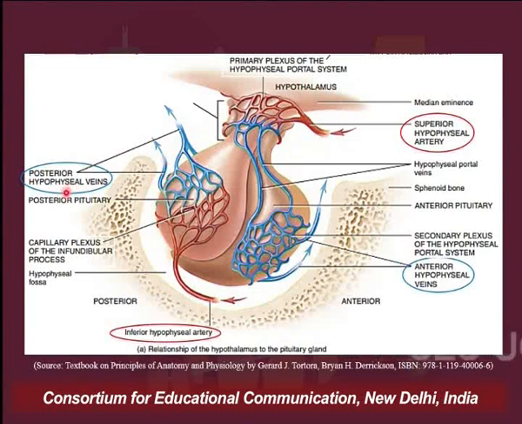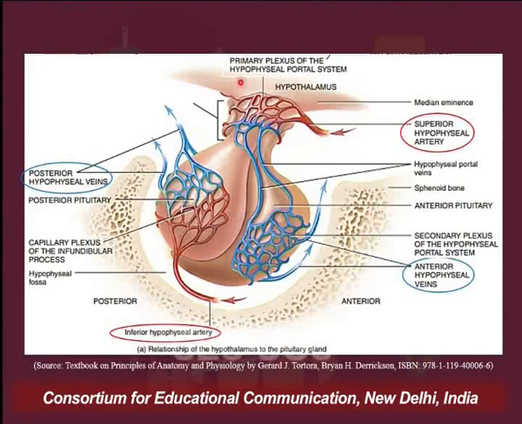Here you can see that there are posterior hypophyseal veins shown in blue circle and blue colored blood vessels, and then there are anterior hypophyseal veins as well. You can also look here, basically there is no encircling, but these are the hypophyseal portal veins shown in blue color.